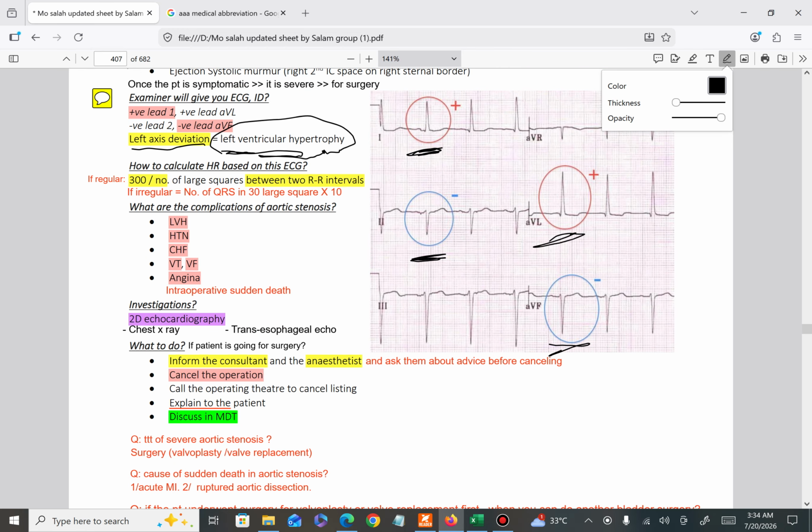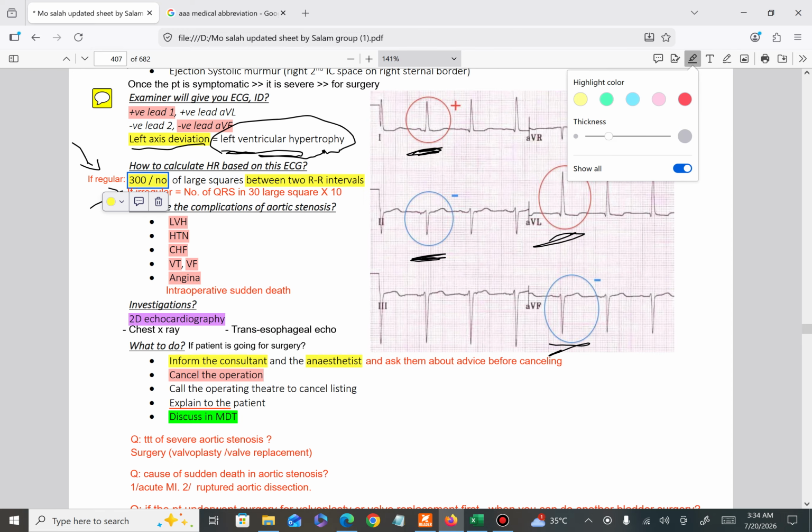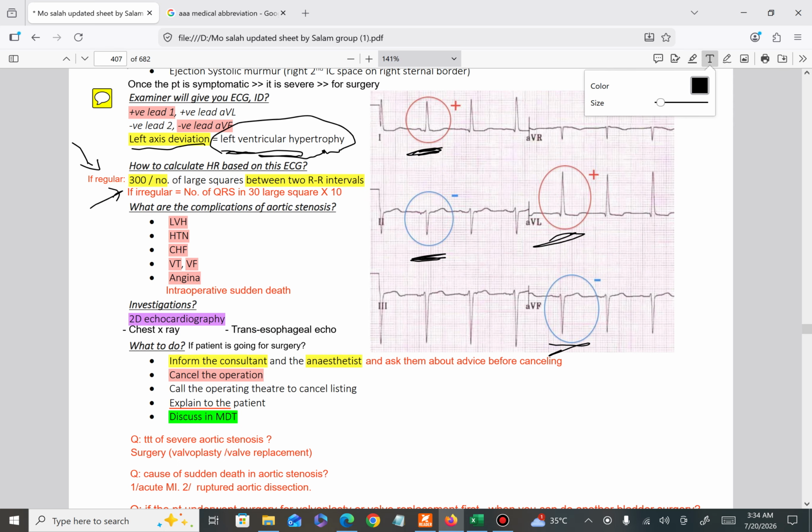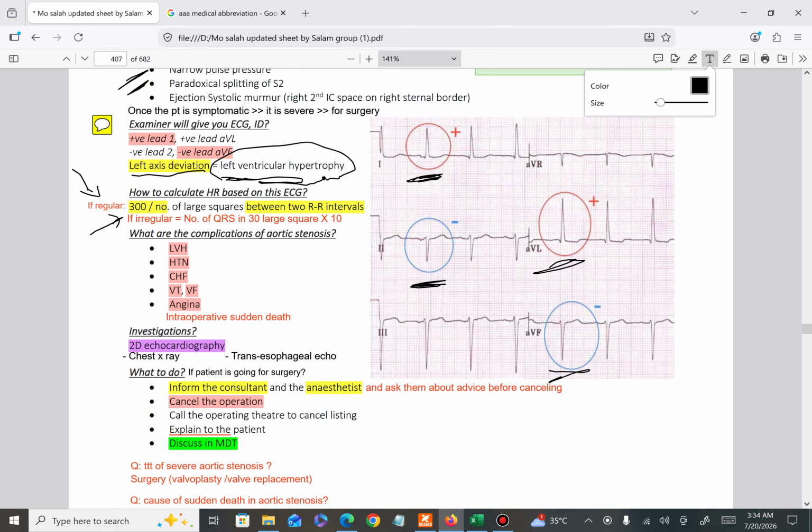How to calculate heart rate based on the ECG? In order to calculate the heart rate, first we will look if the rhythm is regular or irregular. If there is a regular rhythm, then we use this formula: 300 divided by the number of large squares between two RR intervals.